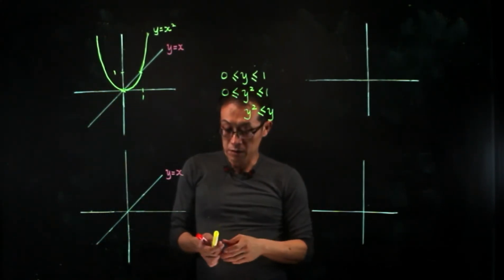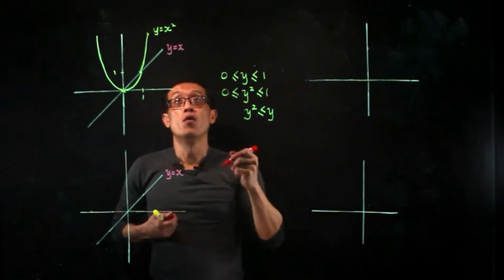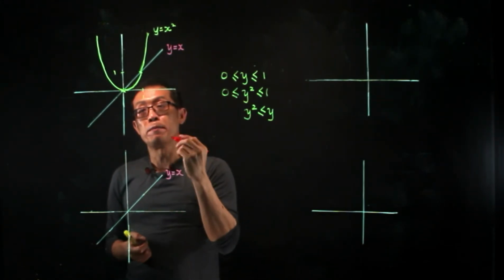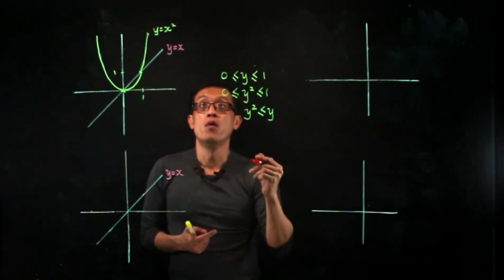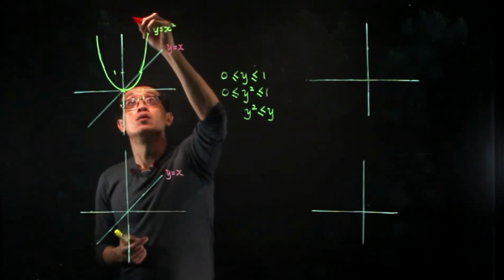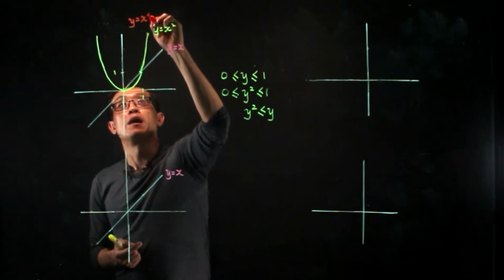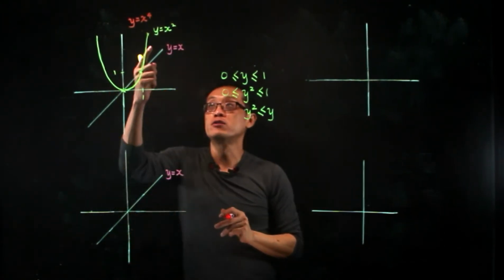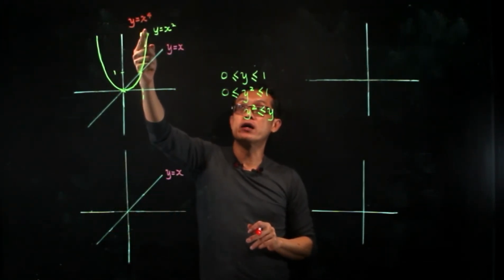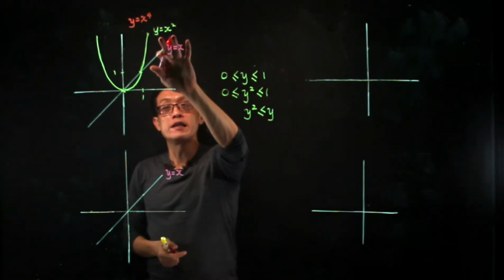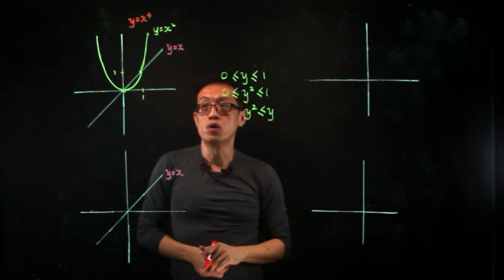Now let's try to draw the graph y is equals to x to the power of 4. Now we can derive this graph y equals to x to the power of 4 by squaring this graph y is equals to x squared.